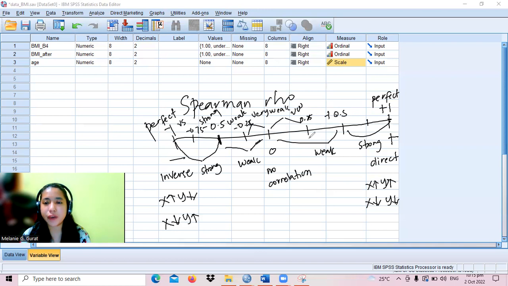From 0.25 to before 0.5 is considered weak, then strong, and very strong until perfect. So it's up to you what you prefer, of course, as long as if it's very near to zero, you can state that it is weak, and if it's very near to one, it's a strong correlation.